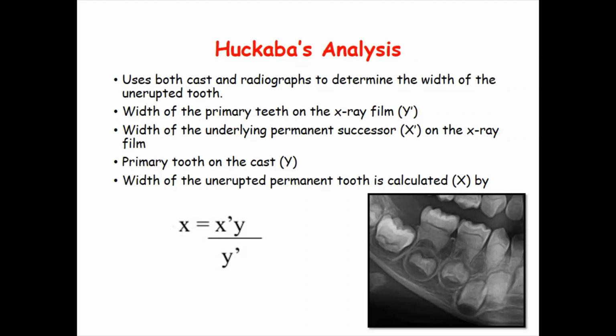In this we have a formula: x = x' y / y'. x is the width of the unerupted permanent tooth, that is the one which we have to find, while x' is the width of the underlying permanent successor on the X-ray film, multiplied by y, the width of the primary tooth on the cast, divided by y', the width of the primary tooth on the X-ray film, which gives us the value of the width of the unerupted permanent tooth.